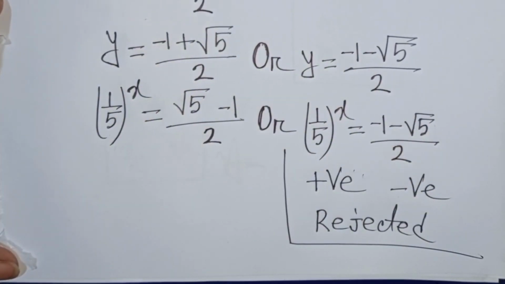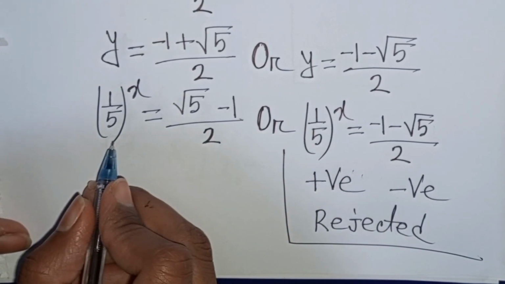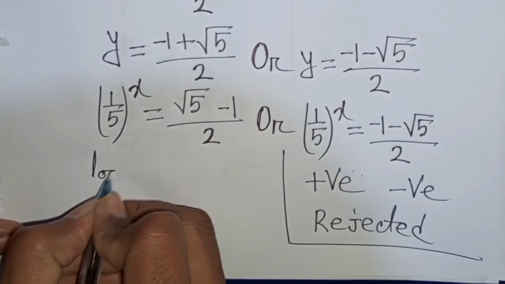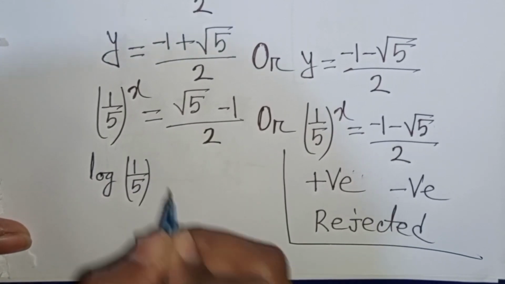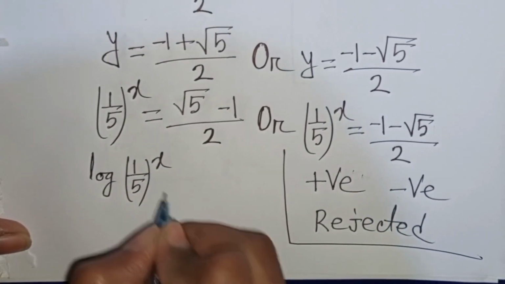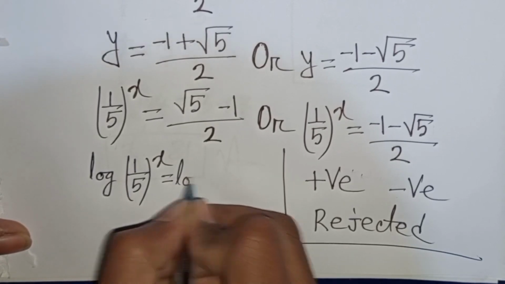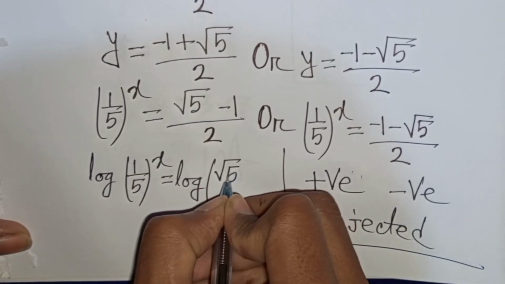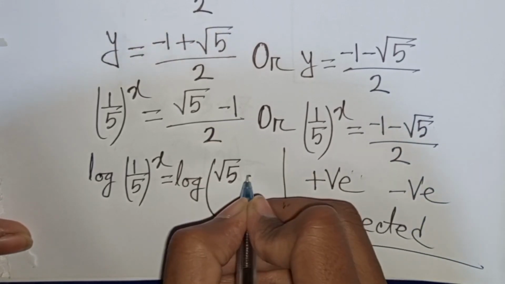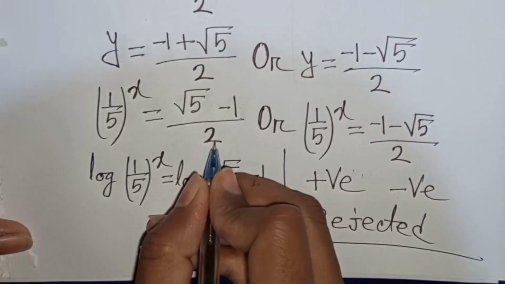Now from here we apply log on both sides. So you can write log of 1 by 5 bracket power x is equal to log of square root of 5 minus 1 divided by 2.